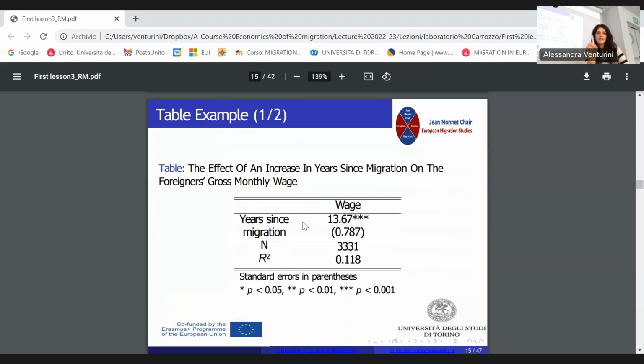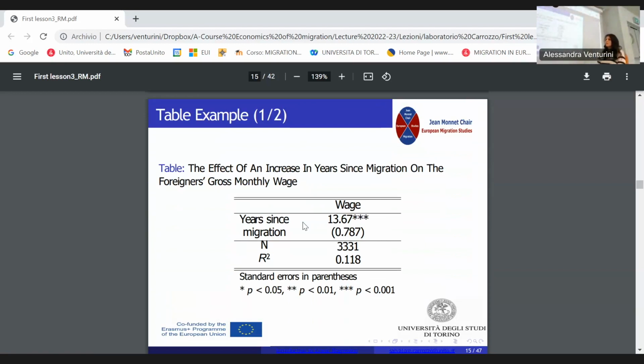And this table tells us that a unit change of the years since migration increases the gross monthly wage by 30 euros, practically, on average. If the change, for instance, is equal to 2, the increase in the gross monthly wage is 2 times 30, so 60 euros.